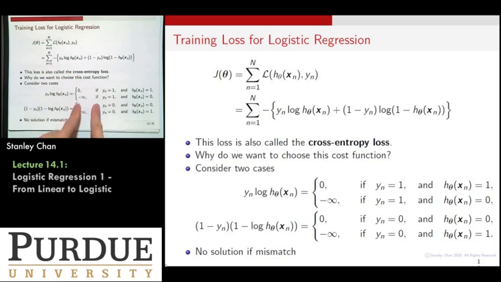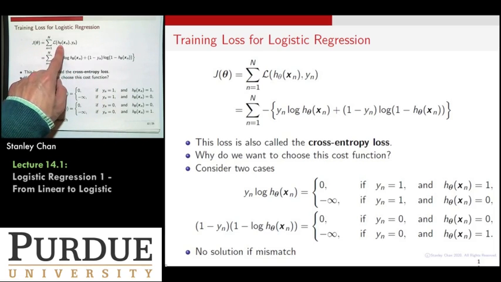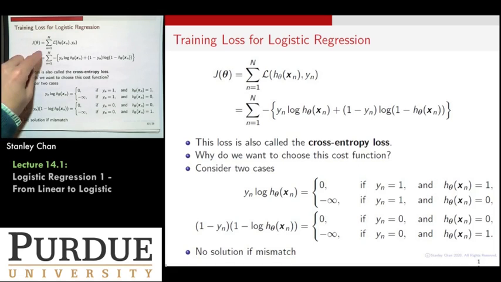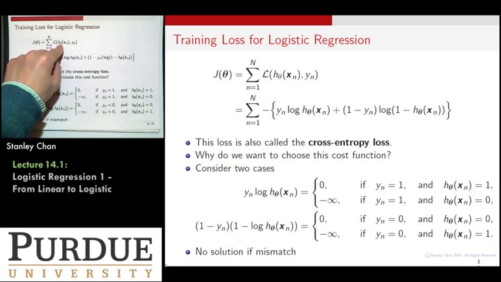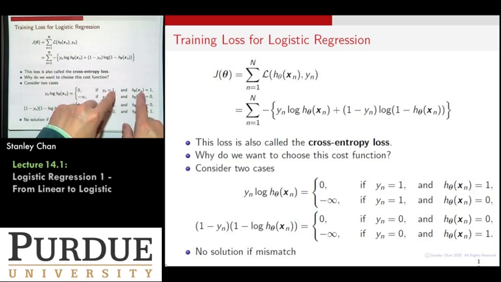So you're trying to find what? You're trying to find a theta. Theta is your model parameter, meaning that your W, your weight, your slope, and also your y-intercept. You're trying to find a good theta or your W's such that all these cases are correct. Now you may ask, what if I have one single case that is wrong?